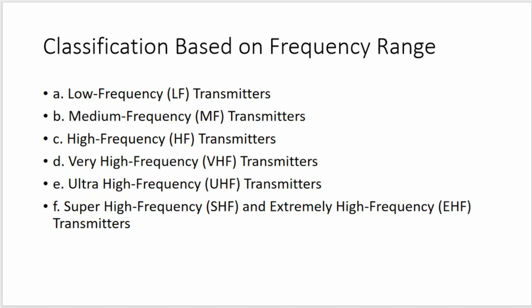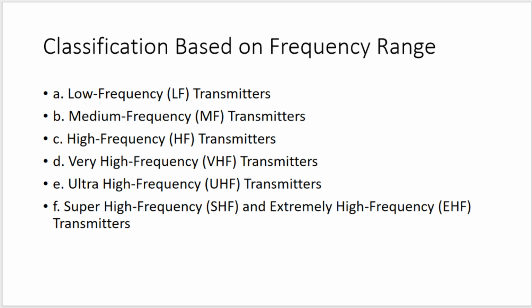Okay, this one is the classification based on frequency. A low frequency transmitter has a frequency range from 30 kilohertz to 300 kilohertz, and its applications are navigation systems and AM long wave radio broadcasting.